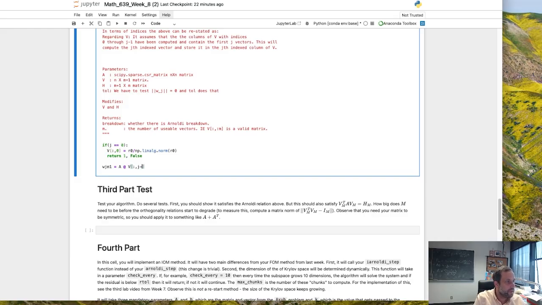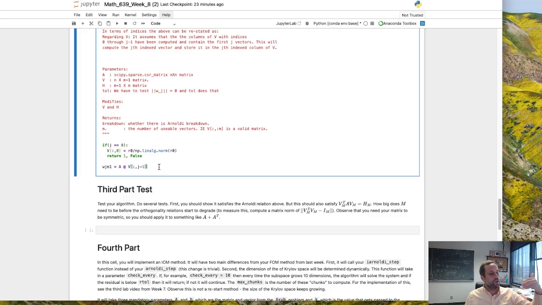This tells us we want all the rows in the j minus 1th indexed column here. Now, if you look in the book, it says w_{j-1} or w_j. I think I'm keeping it as w_{j-1} instead of w_j because Python is 0 indexed, but the book is 1 indexed. Anyways, w_{j-1}.